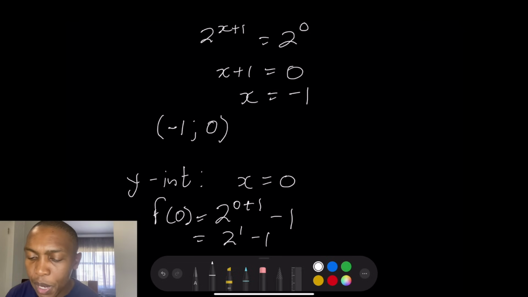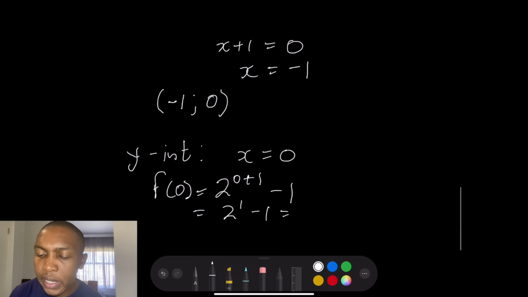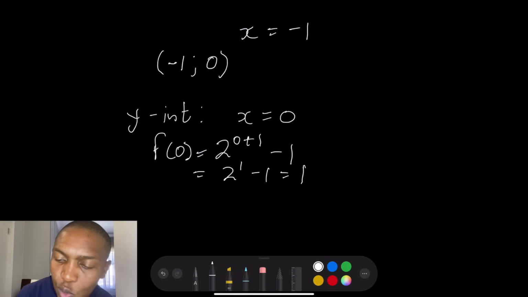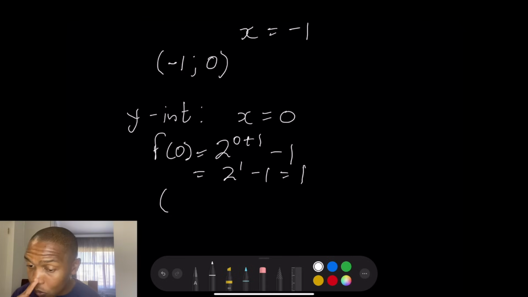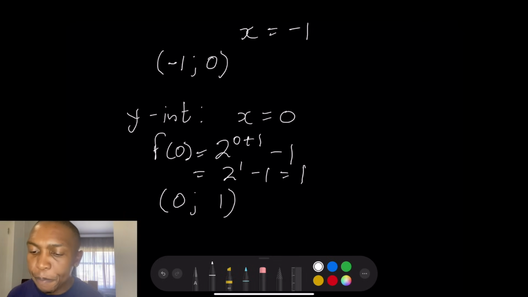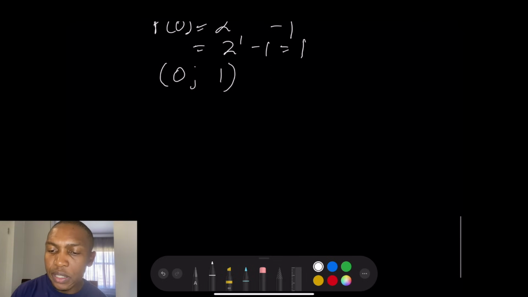And remember, 2 to the power 1 is 2, and 2 minus 1 becomes 1. Okay, right. So it means that our graph is also going to cut through the point where x is 0 and y is 1.